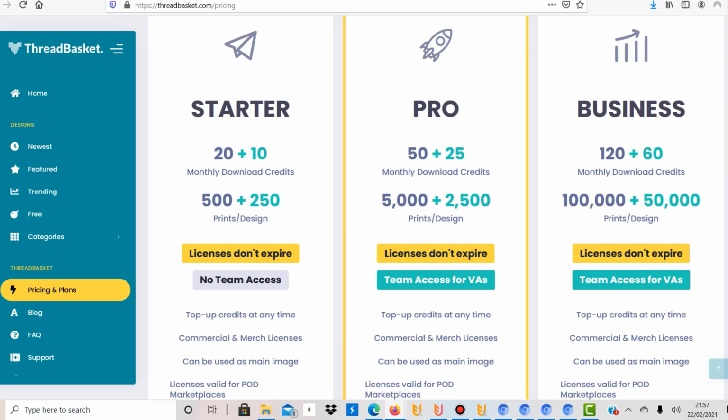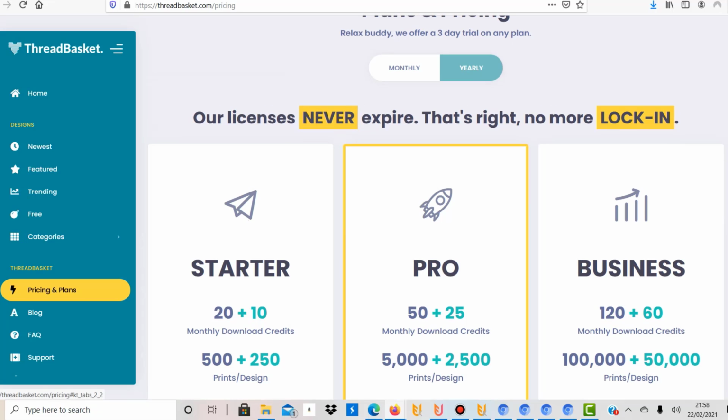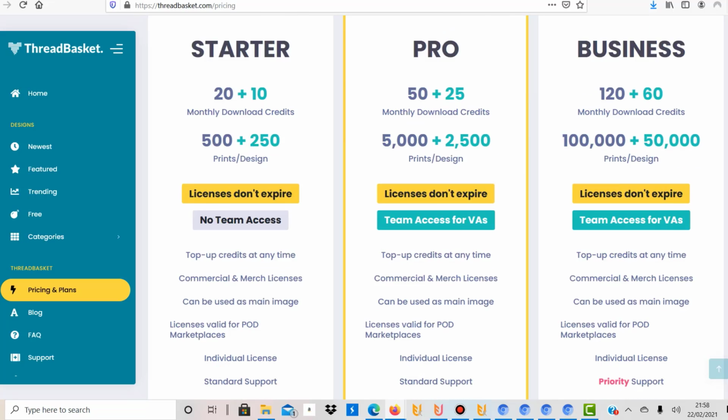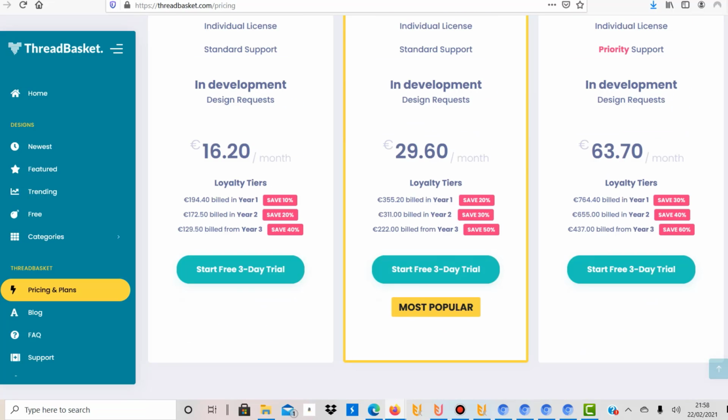The blue number here is if you go for the monthly subscription. If you go for the annual one, then you get the blue number plus the green number in monthly downloads. So if you go for Starter, for example, and you go for the annual one, then you'll get 30 downloads per month. And this costs you €16.20 per month.